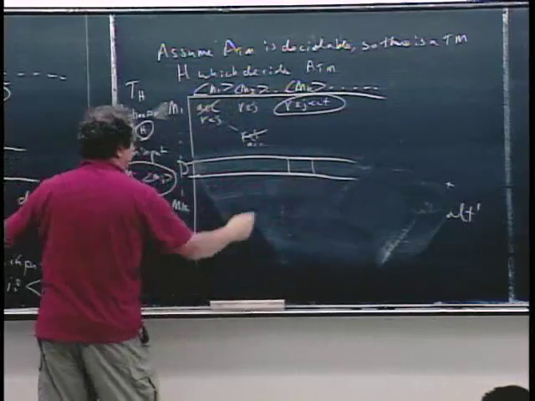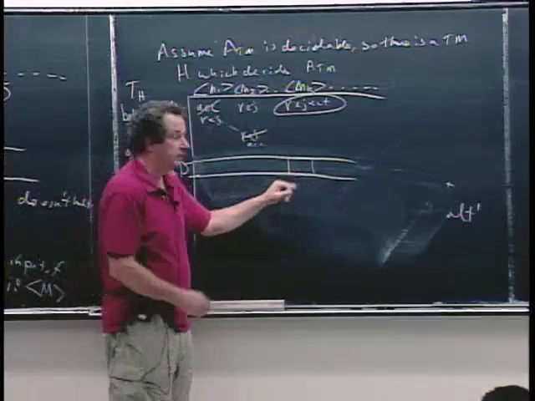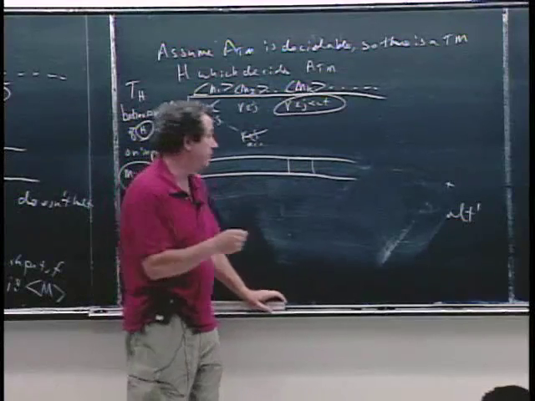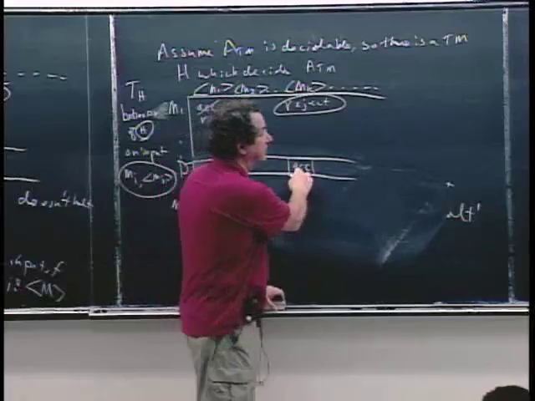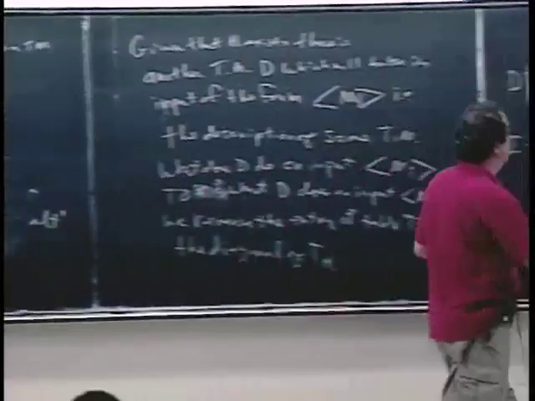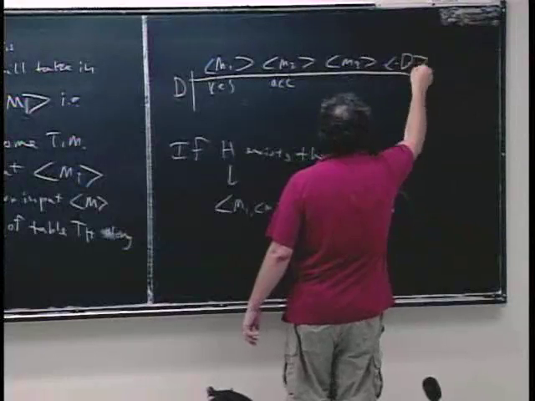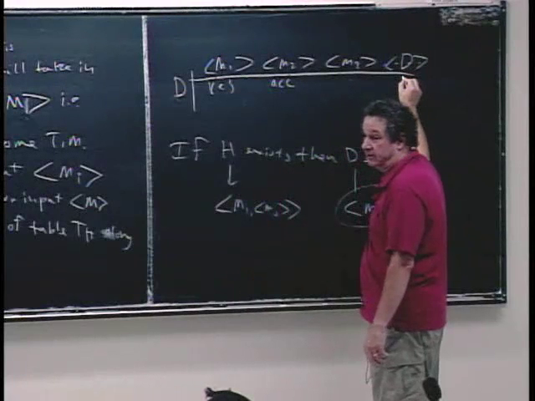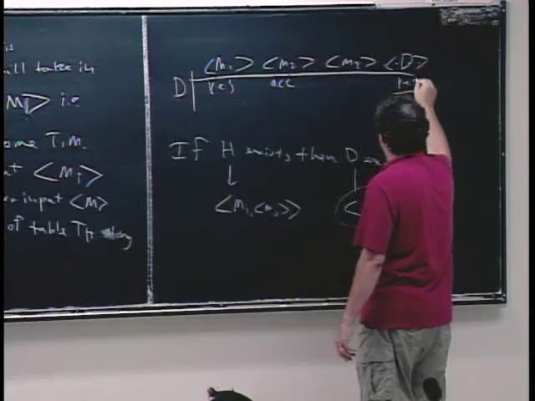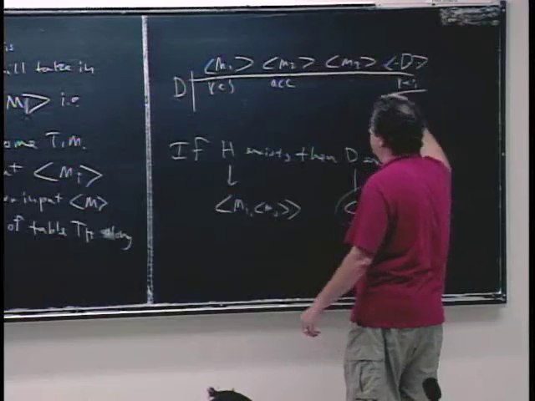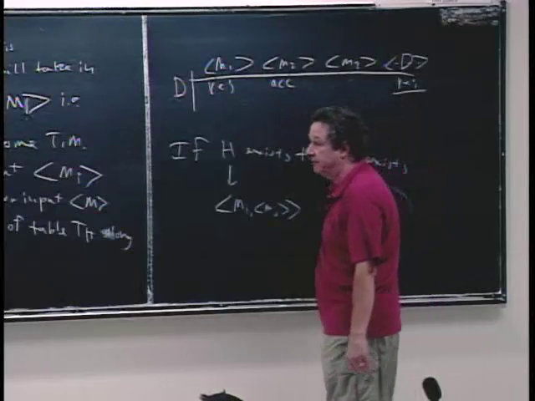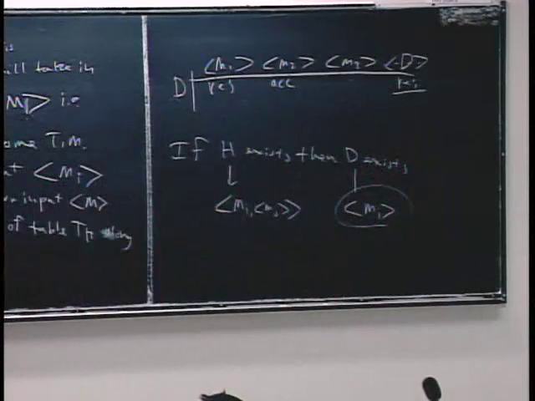If that's an accept, what's this value? Accept, yeah. And if this is an accept, what is the value over here? It's a reject, because the values in this row come from the values along the diagonal in this table, and they're the opposite. Okay? So if it's an accept here, it's a reject there. So those two rows are not the same.